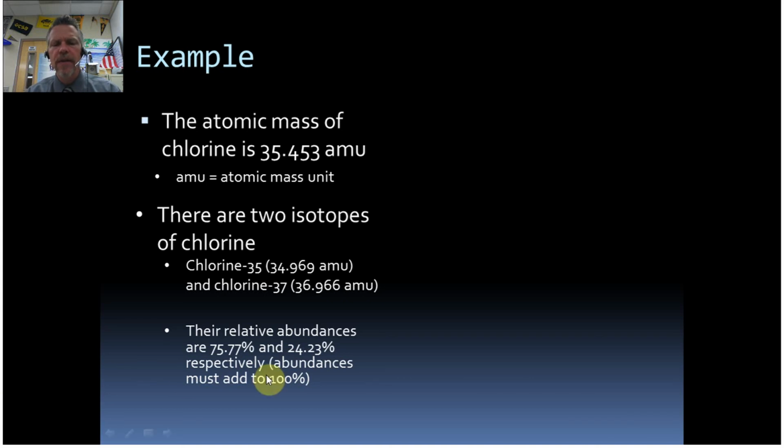The relative abundance of these two isotopes is 75.77%, so an abundance should be a percentage. 75.77% for chlorine-35 and 24.23% for chlorine-37. Now you notice the abundances have to add up to 100, otherwise chaos and madness ensues.